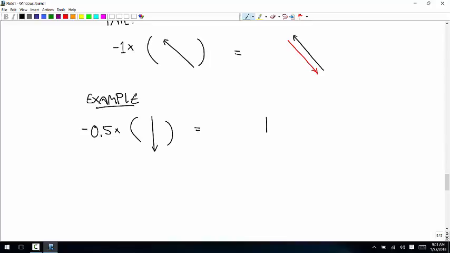Well, we'll get a vector that has half the magnitude, and then it switches directions. So there's the -0.5 times that original vector. Any questions about those? Have you seen all that stuff before? Okay.